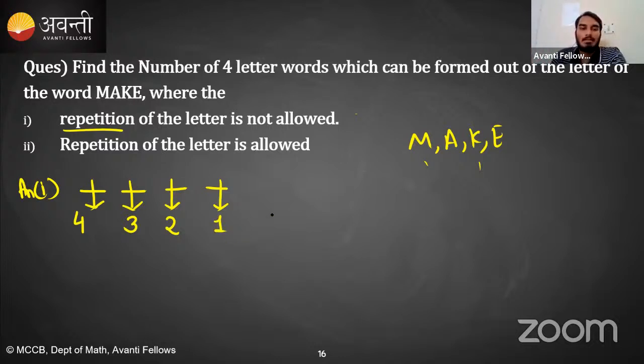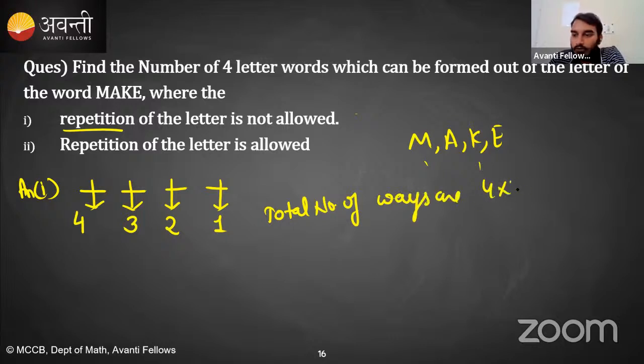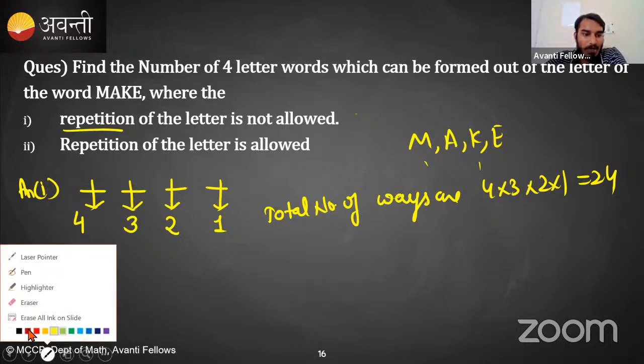Clear? So the total number of ways is 4 into 3 into 2 into 1, which is 24. There will be a total of 24 words when repetition is not allowed. Is this clear? Any doubt here, students?